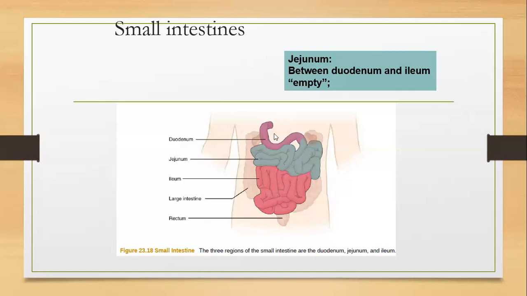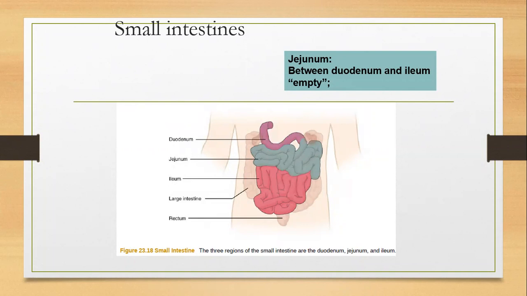So the other thing is that when you start looking at the villi, they start to increase in number as you go down because we increase the function of absorption. So the jejunum is the area where you find a lot of digestion taking place because the contents from the duodenum, having been supplied with enzymes and bile, as they come down through the jejunum, you find a lot of digestive processes taking place.